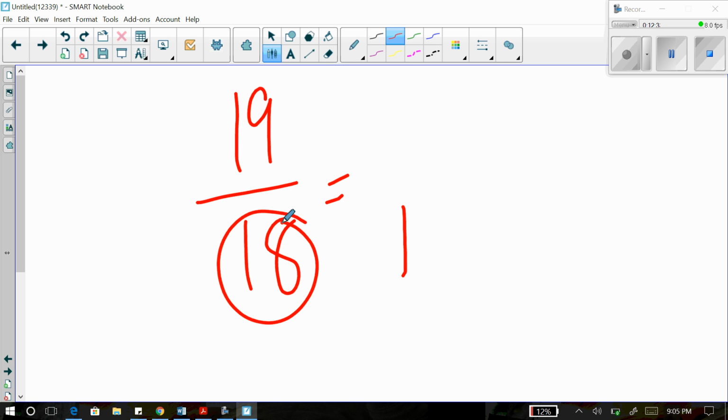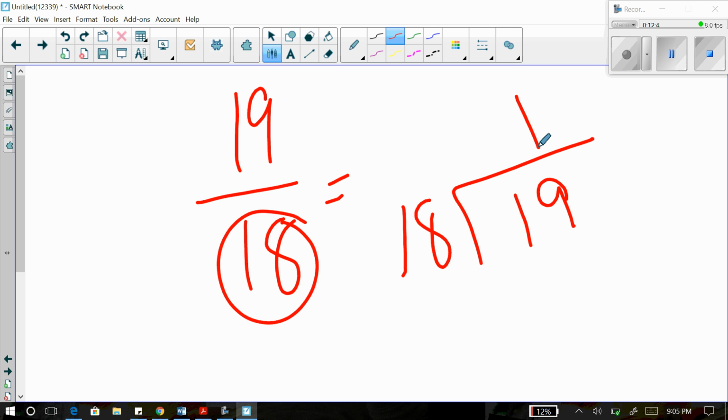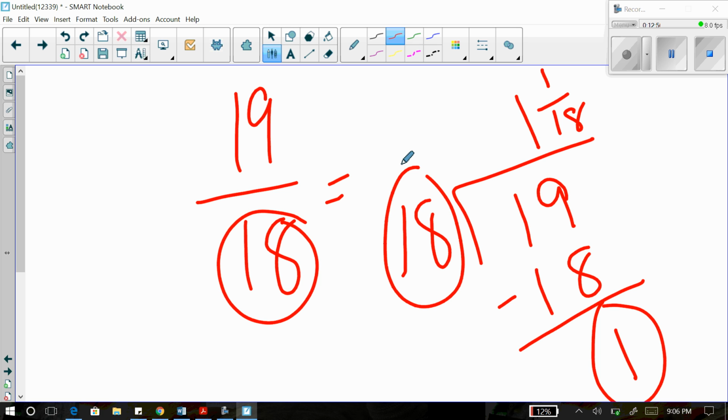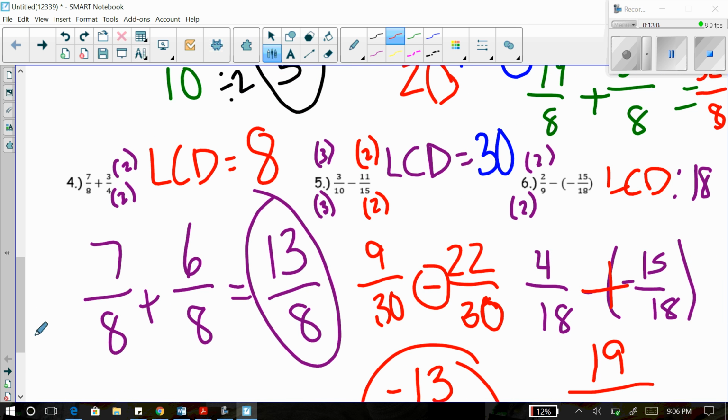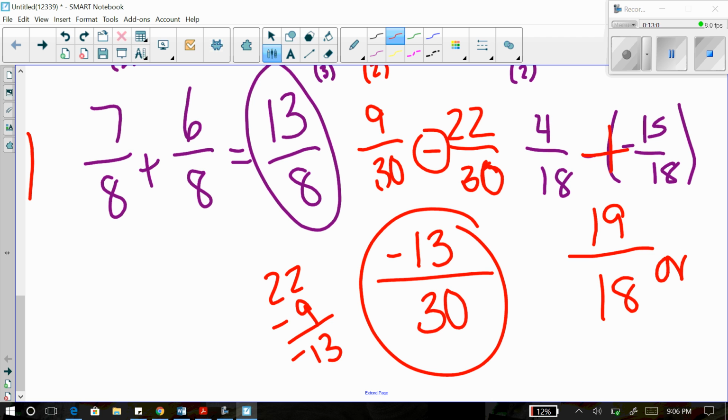So you take your bottom number and divide it into your top number. 18 goes into 19 once. 1 times 18 is 18, leaving us with 1 left over, but 18 can't go into 1. So we leave it as 1 over what's on the outside, 18. So we can write that as 19 18ths or 1 and 1 18th.